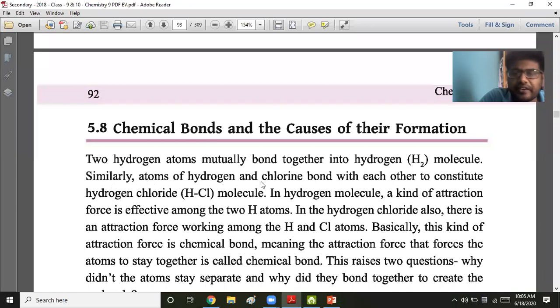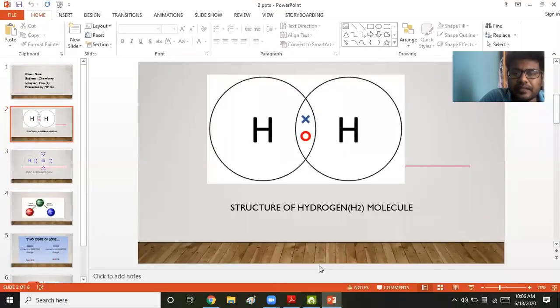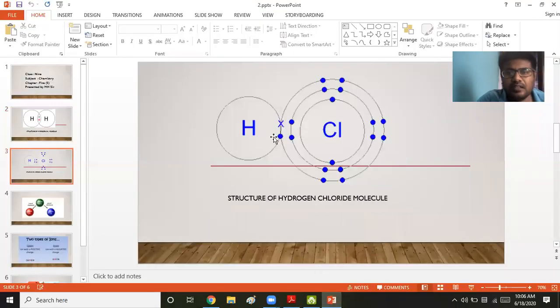similarly, atoms of hydrogen and chlorine bond with each other to constitute a hydrogen chloride molecule. Your question will be, sir, how can this hydrogen and this chlorine make a bond? Actually, by this way, you can see.